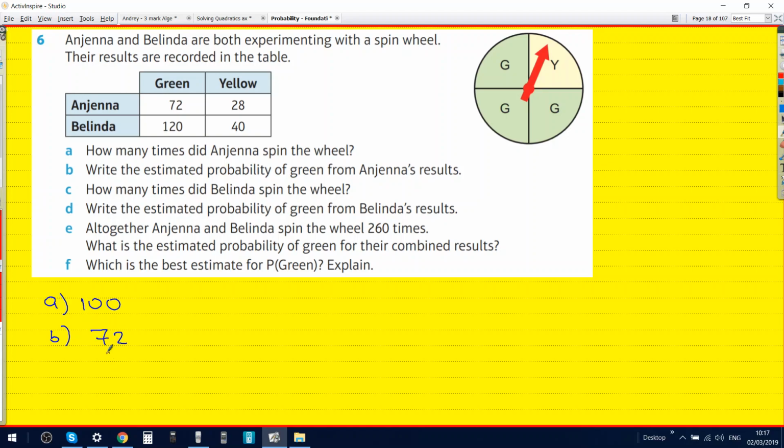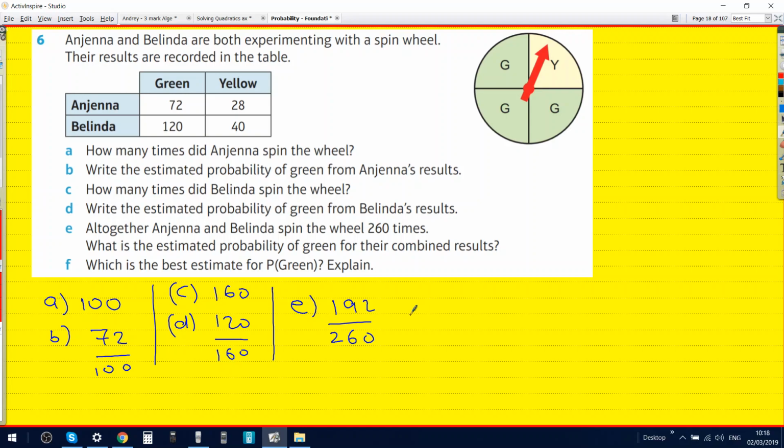Mm-hmm. How many times did Belinda spin the wheel? Belinda spun the wheel 160 times. And the estimated probability of hers for green would be 120 over 160. If altogether they spun 260, what's the estimated probability? So would it be 192 over 260? Mm-hmm.